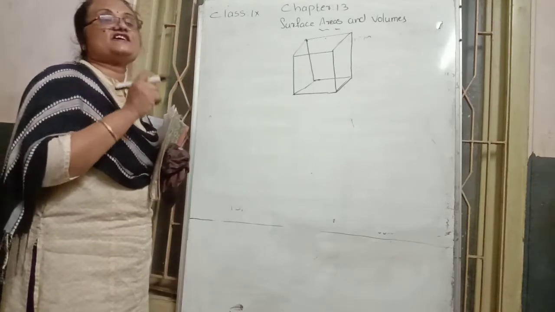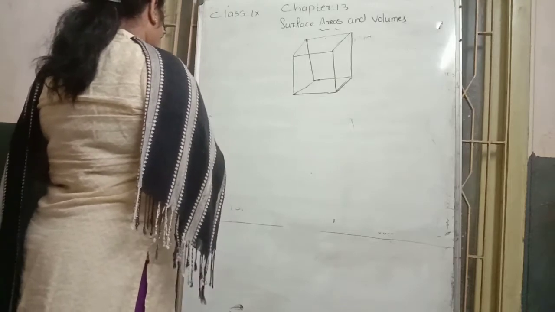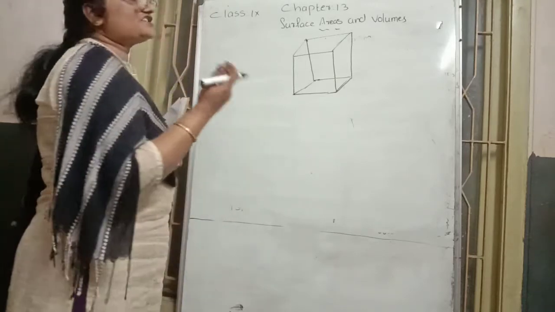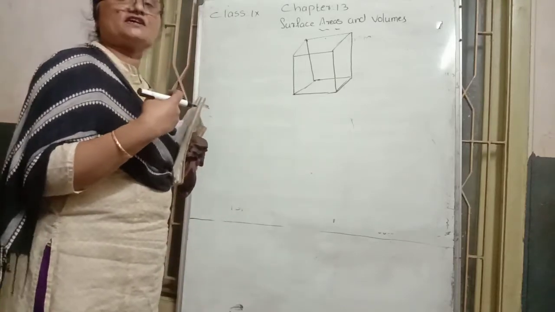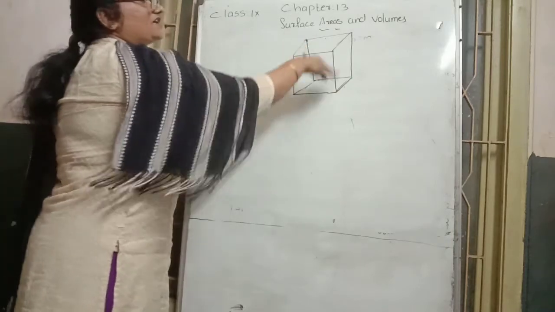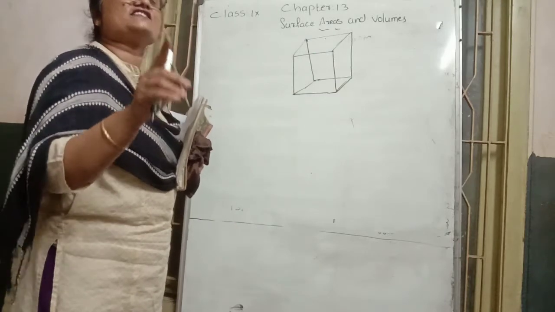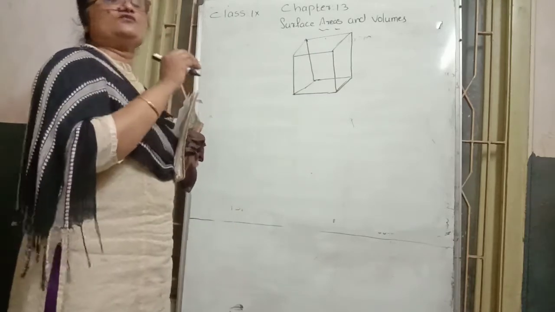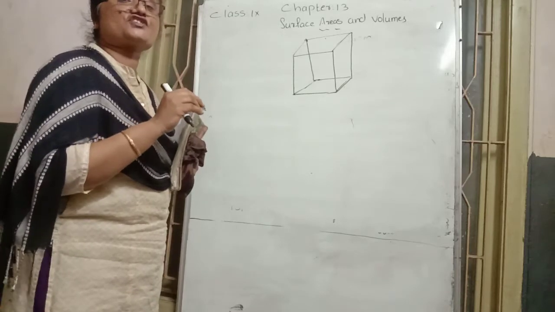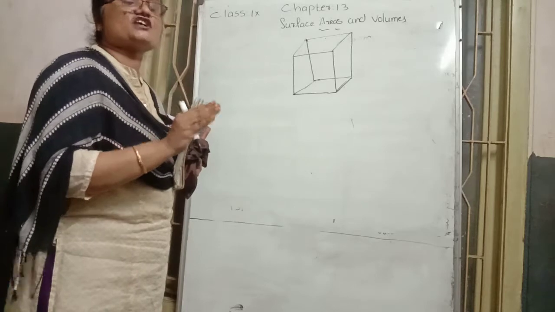Then how much area are they asking? How much area of tarpaulin is required for covering it? First we find the area. The length, breadth and height are given. Which shape is the structure? A box is a cuboid.